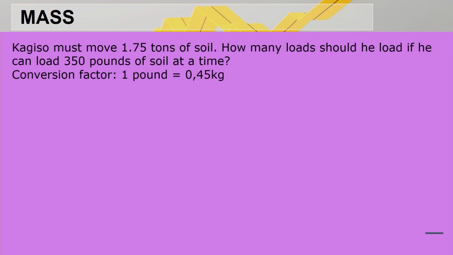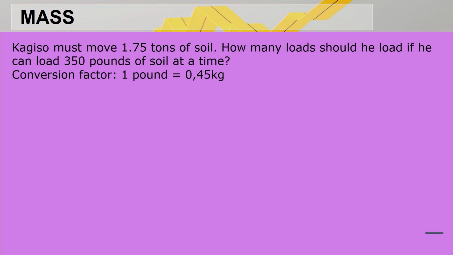Kagiso must move 1.75 tons of soil. How many loads should he make if he can load 350 pounds of soil at a time? So he must move 1.75 tons, but he can only move 350 pounds at a time.